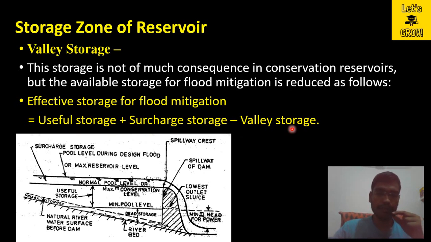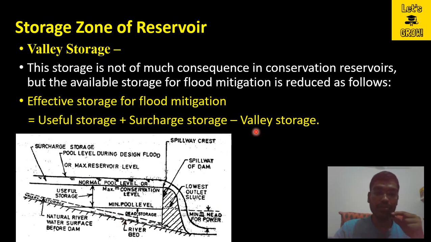So for the purpose of flood mitigation, the volume of water we have stored to mitigate the flood is equal to the useful storage, because the dead storage is always present in our dam. Then it can store this useful storage, and it can store that surcharge storage also. But we have to remember that when this dam was not there, the river or channel had some capacity to store water, which is the valley storage.